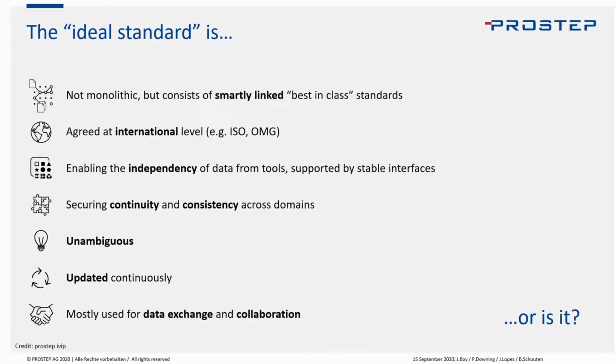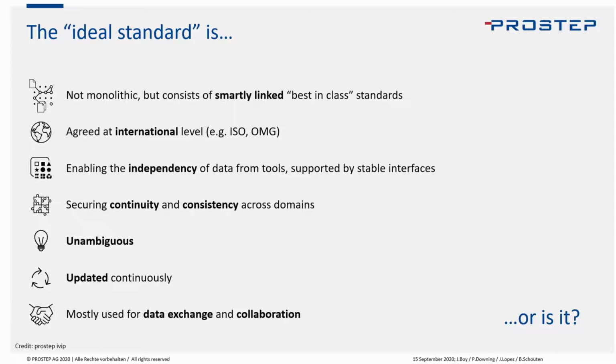And the tool change might be because you go from company A to company B to company C, or because you roll out a new generation of your IT landscape, but you want to keep on working with the existing data. So that's a motivation here. And that goes hand in hand with the next point here, which says continuity and consistency.